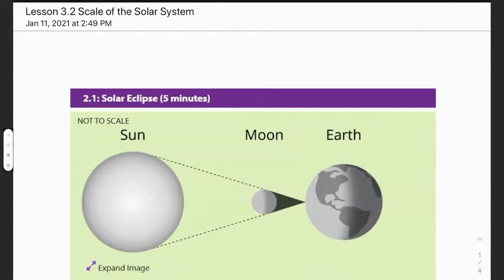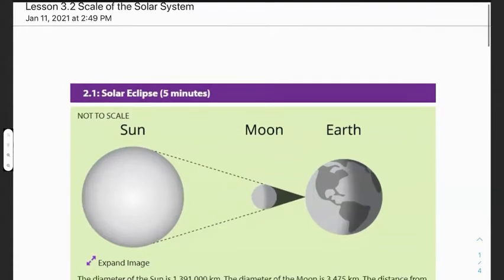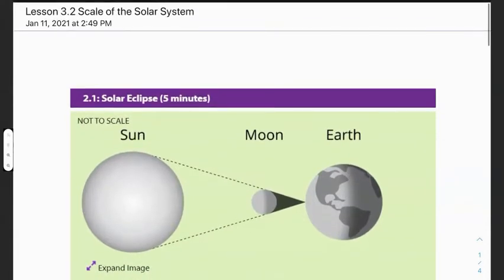So how do we get things to be scaled if you were to draw small representations? How would you do that? You have several planets, and they're all going around the sun, and it's like, okay, how big do I want the sun to be? And then how far away is the first planet?